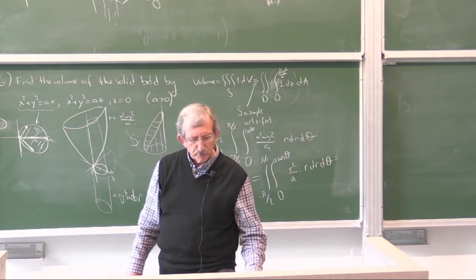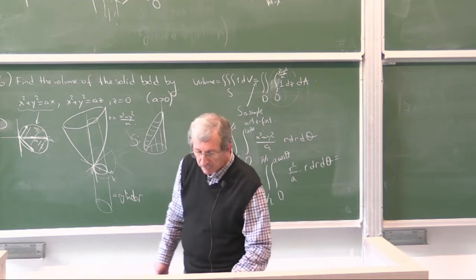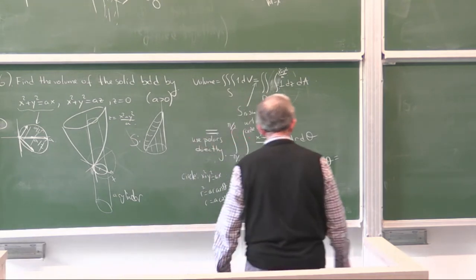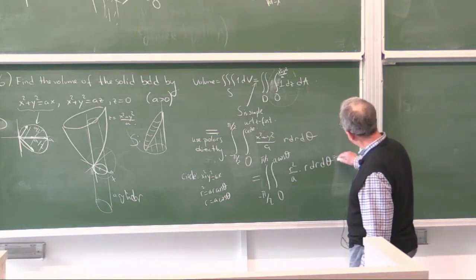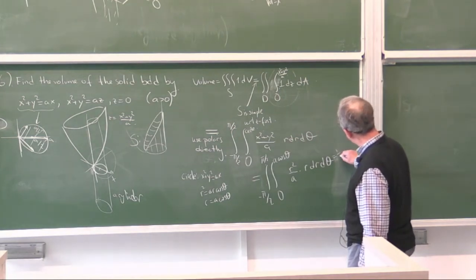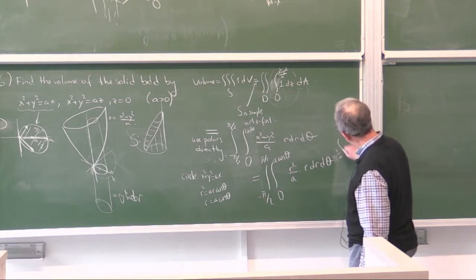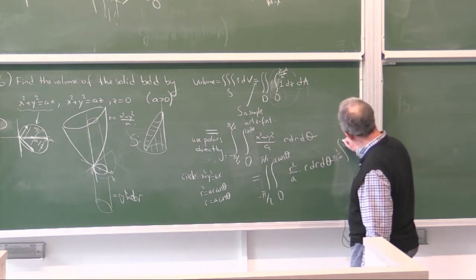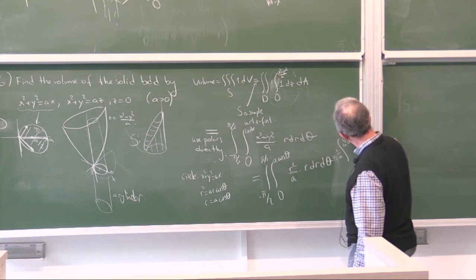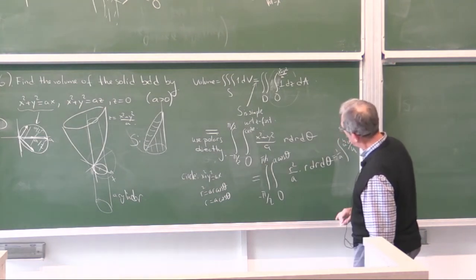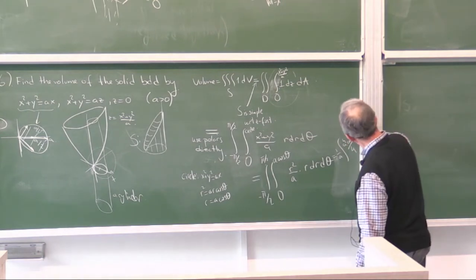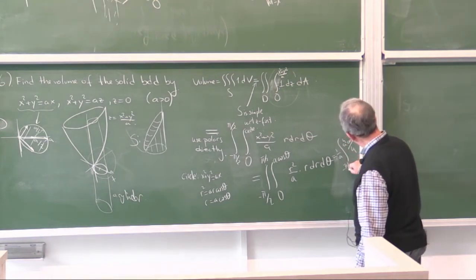So one has to work over that. And of course, you get from here 1 over a, and the 4th power of cosine over 4. And at 0, you have 0, so d theta minus pi over 2 to pi over 2.